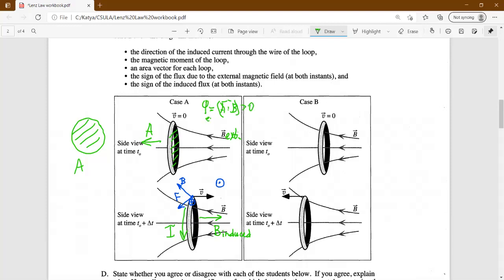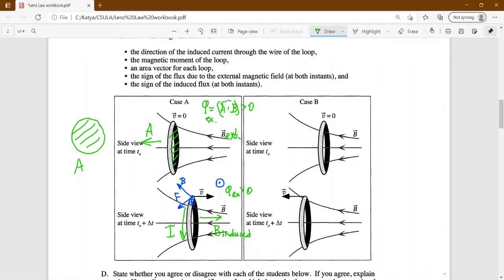I'm going to label it external flux as positive, just because the area coincides with the magnetic field. In this case, same, just because the area still coincides with the magnetic field. So I'm going to write it down here: external is positive. Okay. Now, what else do they want? The sign of the magnetic fields in both instances, and the sign of the induced flux.